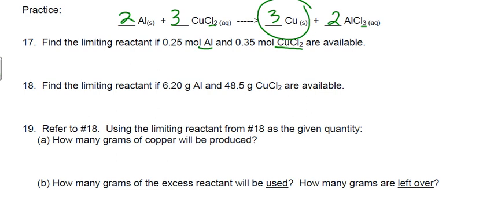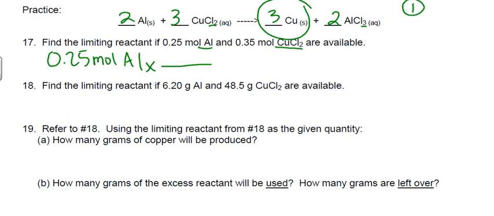So I'm going to solve this problem using stoichiometry, starting with 0.25 moles of aluminum and converting to moles of copper. I do that following the steps of stoichiometry.